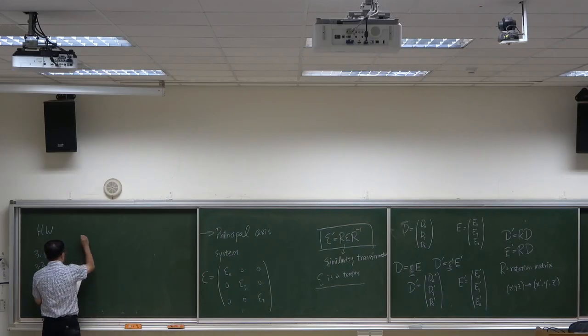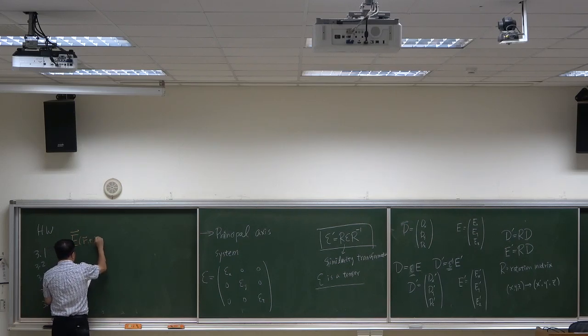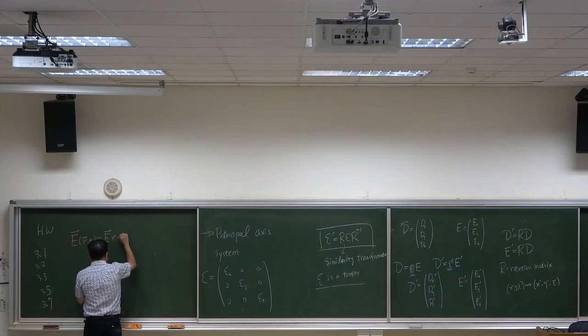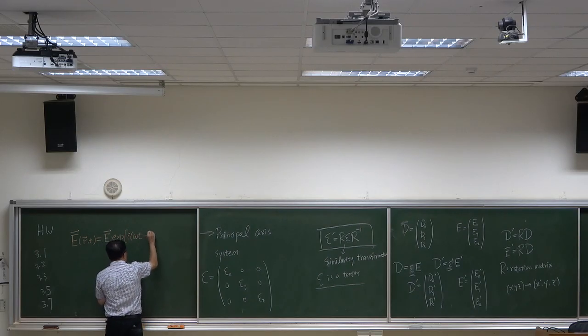So suppose we can write the E vector of the electromagnetic wave, E(r,t), as E times exponential i(omega t minus k dot r).